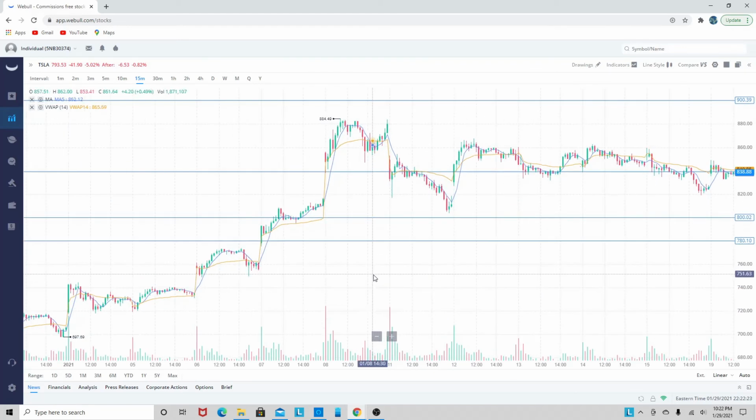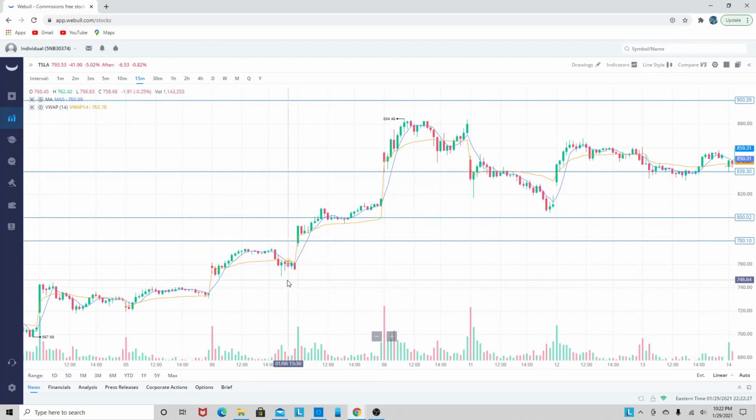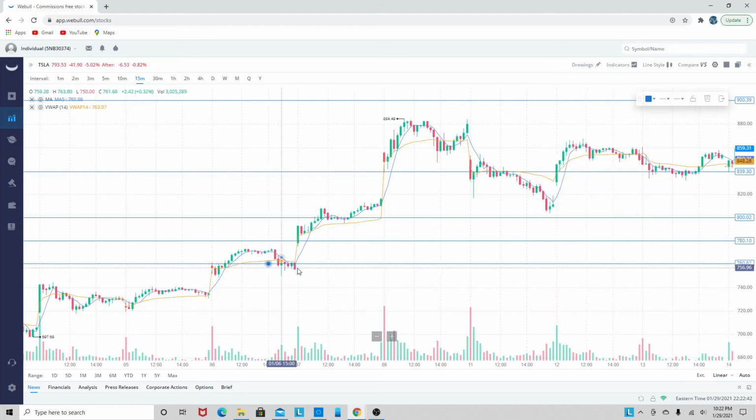I'm going to zoom in a little bit to see where I could find the next level of support, and it looks like I could find it right about in here, at about 760. So I'm just going to draw one in here, 760. And then there's also another area in here at 740 that I could pinpoint as a support area. So I'm going to throw one in there.